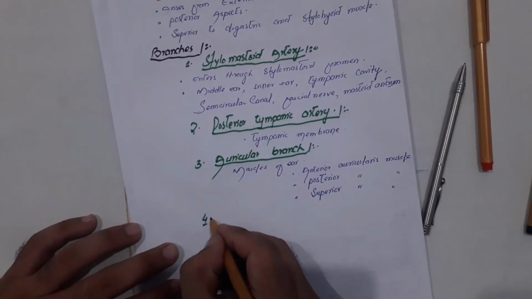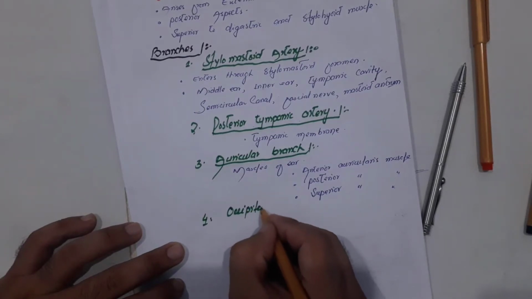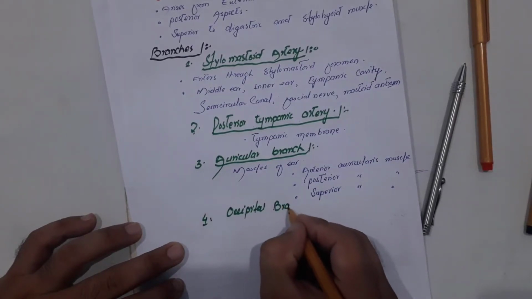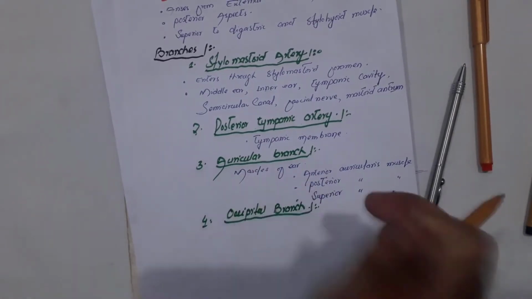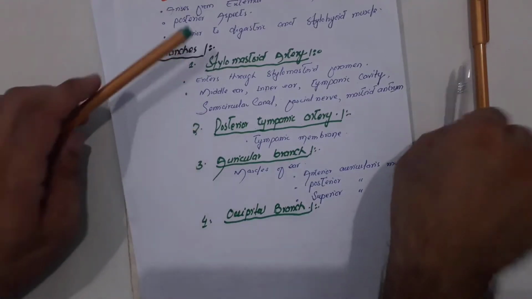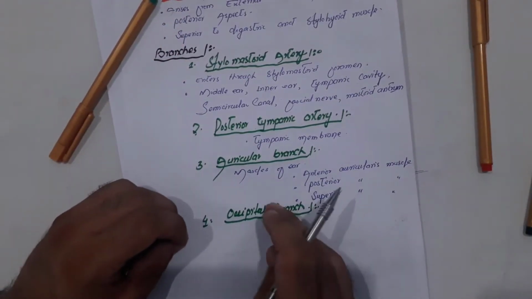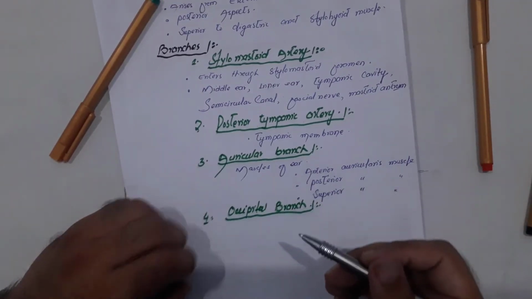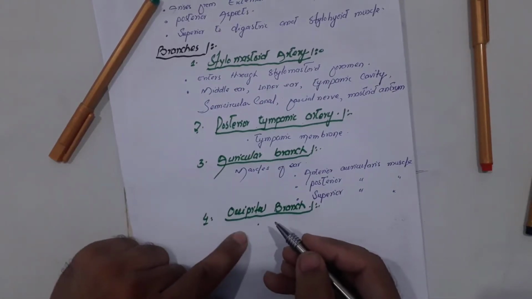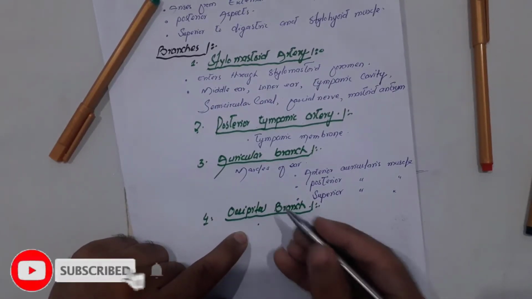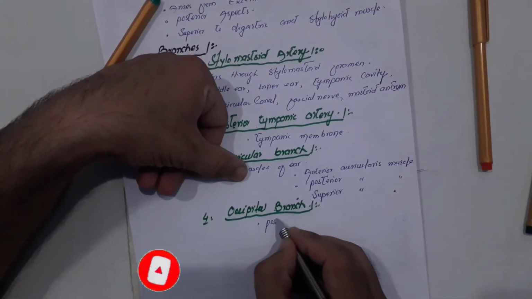The fourth branch is the occipital branch of the posterior auricular artery, and this artery is responsible for supplying blood to the skin present on the posterior and superior parts of the ear auricle, right? Let me write it here: posterior and superior skin of the auricle, right?